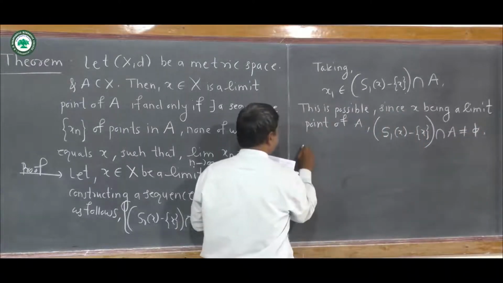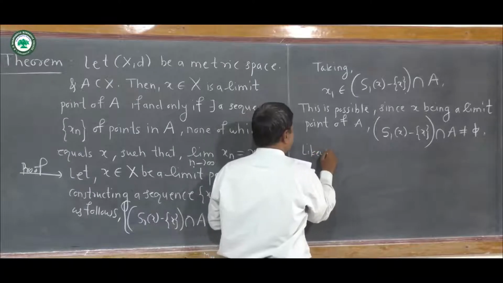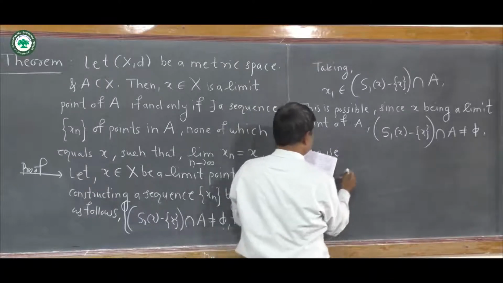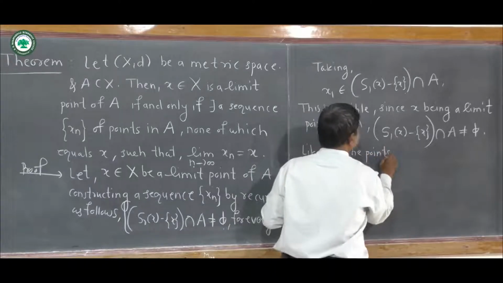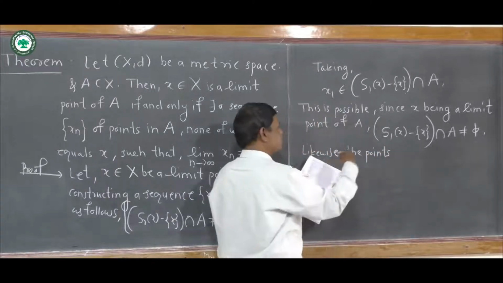Okay, likewise the points, now we can select x2, x3, x4, x5 and so on.